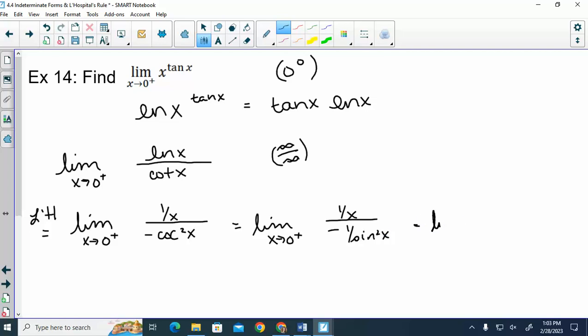So could I write this as negative sine squared x over x? Is that okay with everyone? If I flip and multiply? I think that's easier than having a 1 over x and a cosecant, just a little bit cleaner to look at. What's the sine of 0? 0. So it's still 0 over 0, which means L'Hopital again.